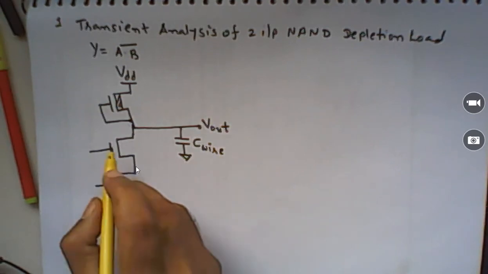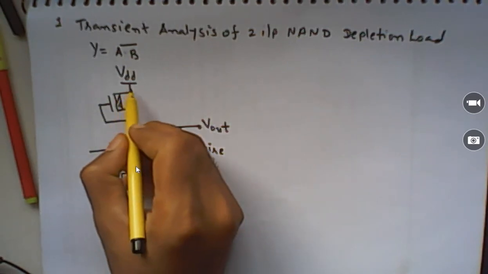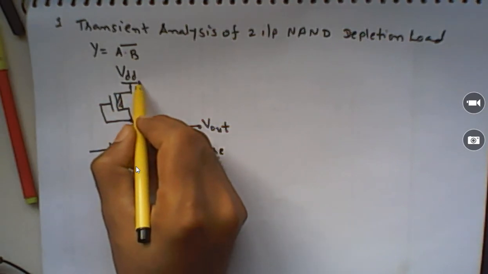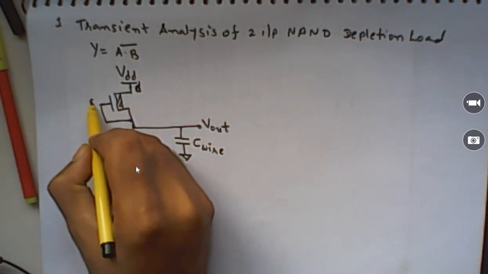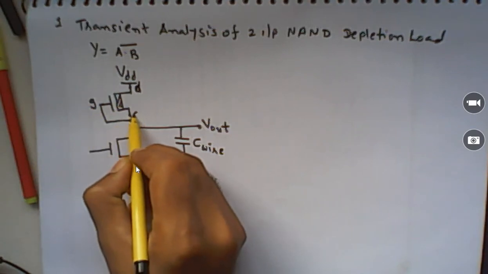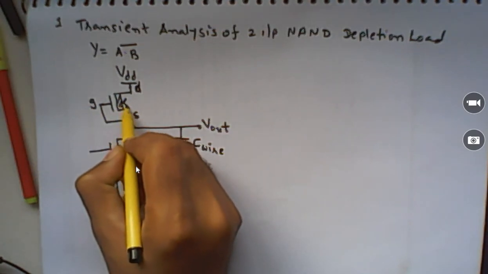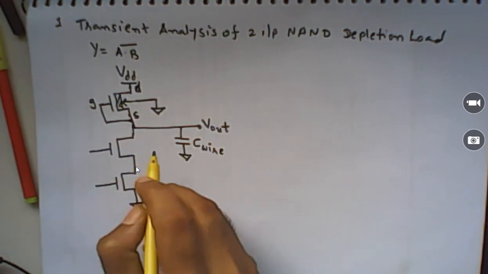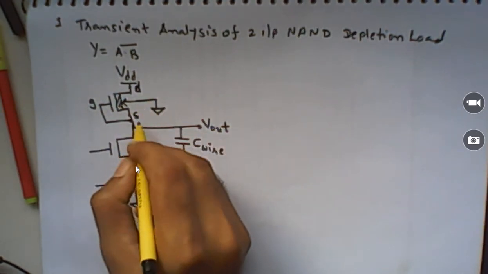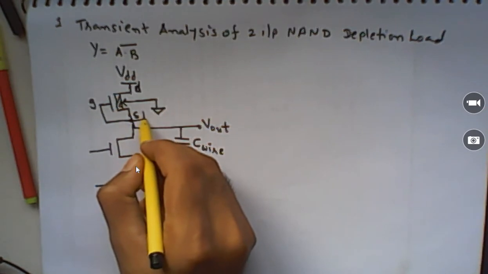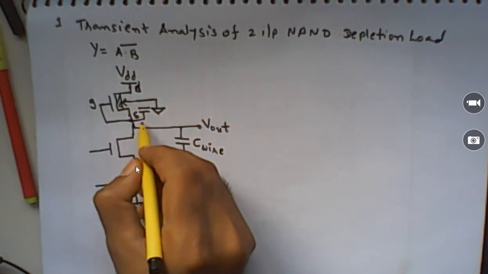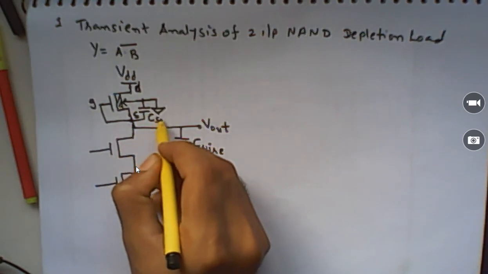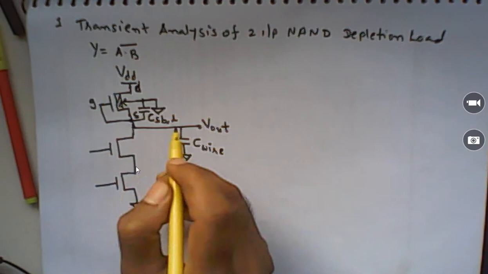Another capacitor forms at the load: this is the drain of the load, this is the gate of the load, and this is the source of the load. It has a substrate bias effect. The substrate terminal of the load is grounded, so the capacitance formed between the substrate, which is connected at the output node, and ground is the CSB of the load.